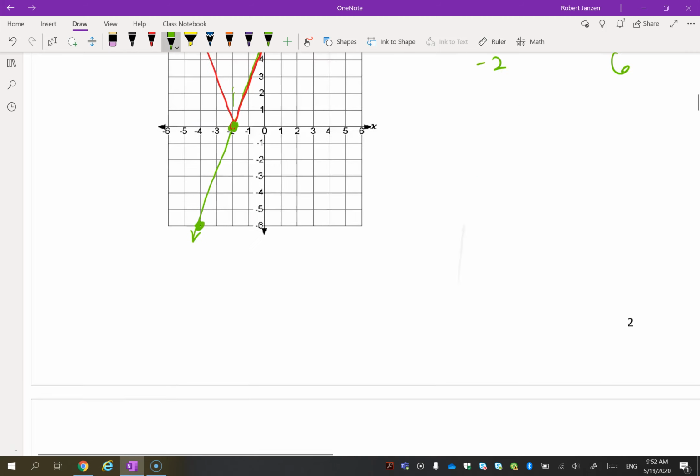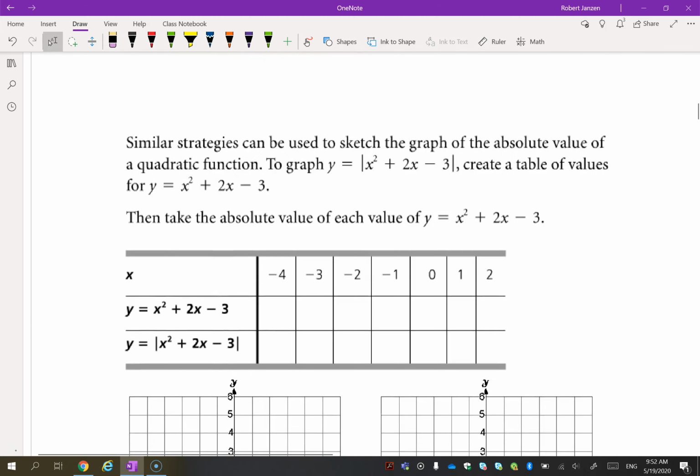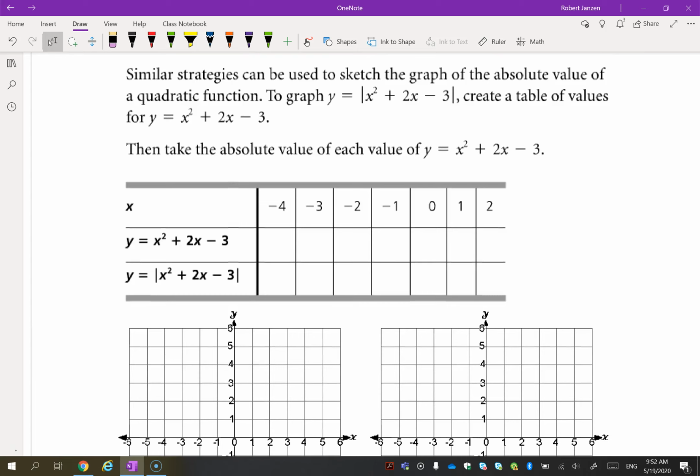Okay, so that's the absolute value. Now we're going to go a little bit further because we can also take the absolute value of a quadratic. So let's look at this first. If we put these values into this function, what happens? If I put negative 4 in, I'll get 16, take away 8, take away 3.